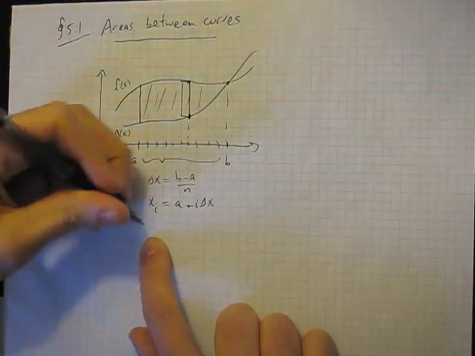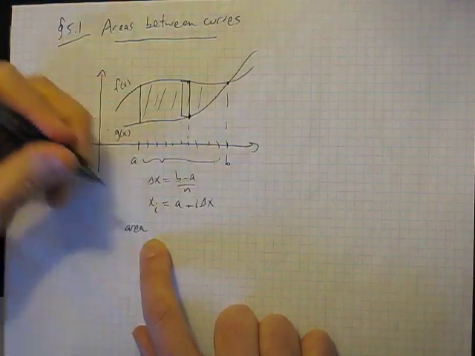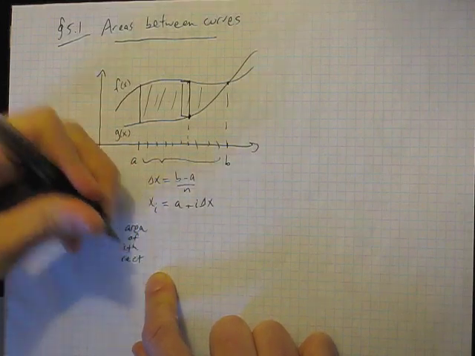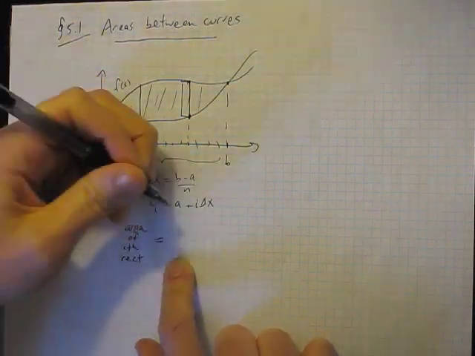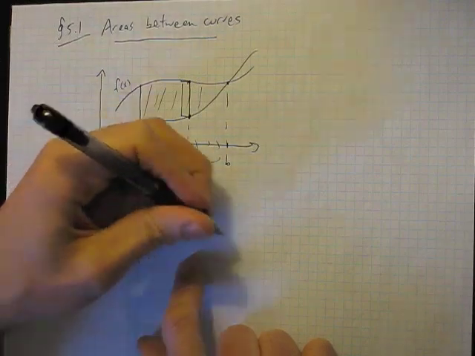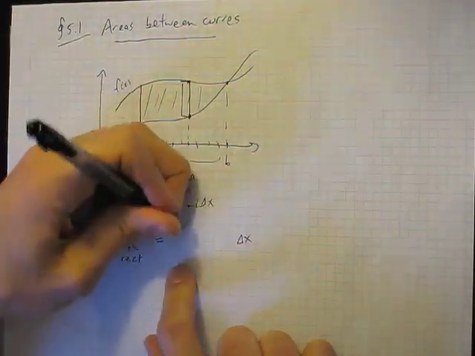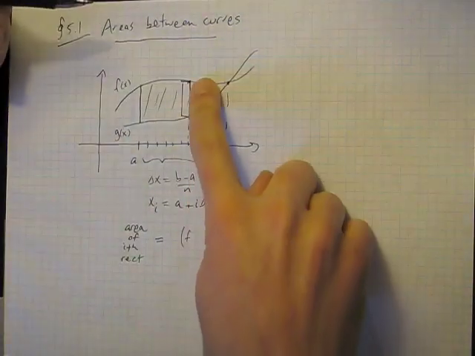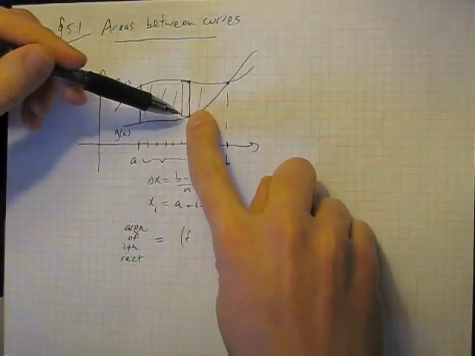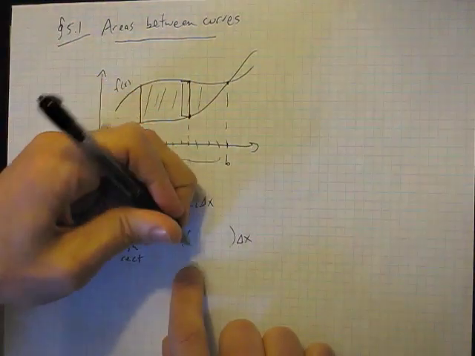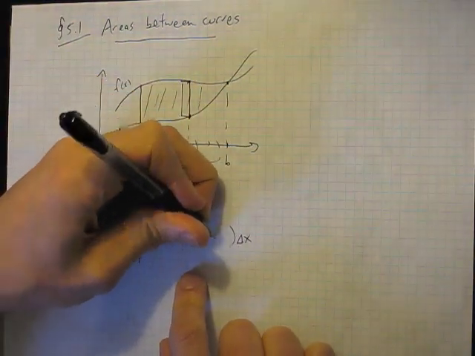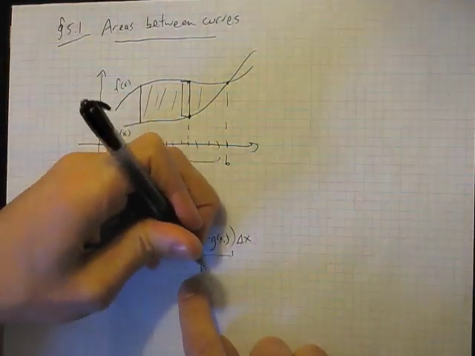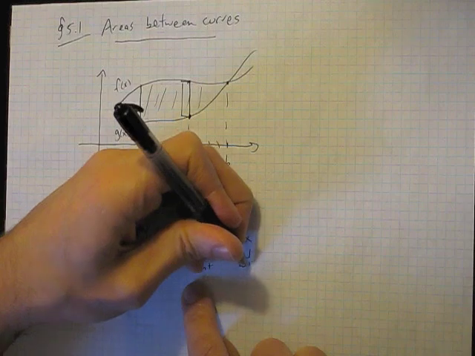Okay, and the area of a rectangle in this picture is just delta x, which is the width, multiplied by the height, which is the value of f here minus the value of g here. So this is f of xi minus g of xi. So this is the height, and this is the width.